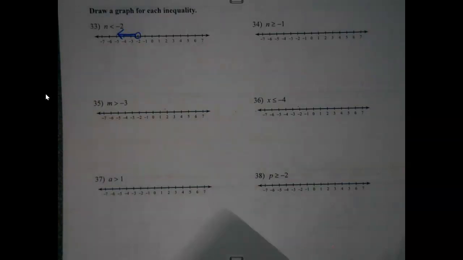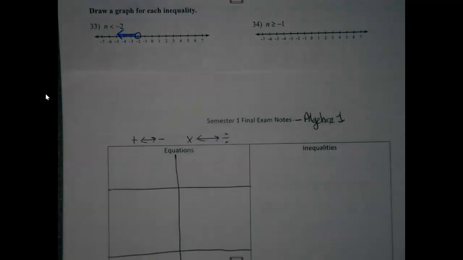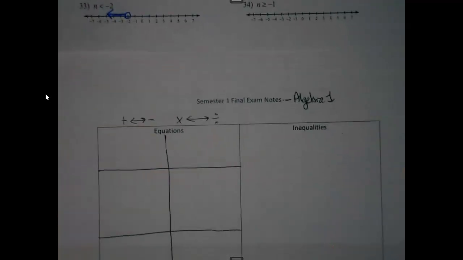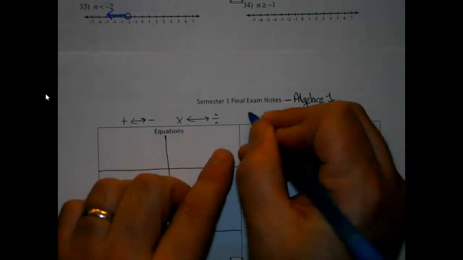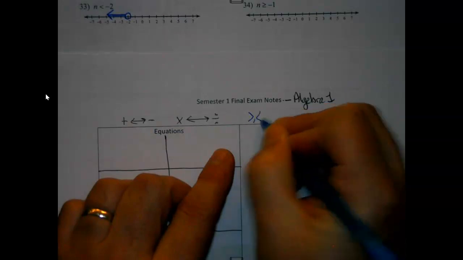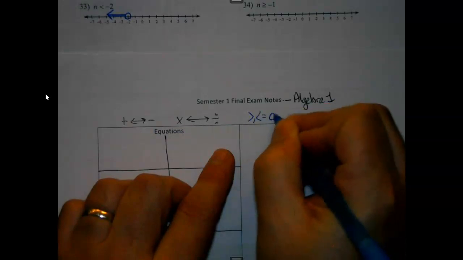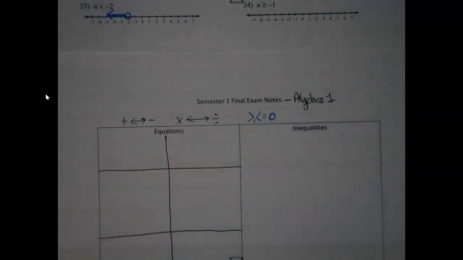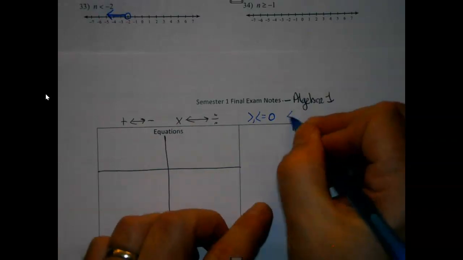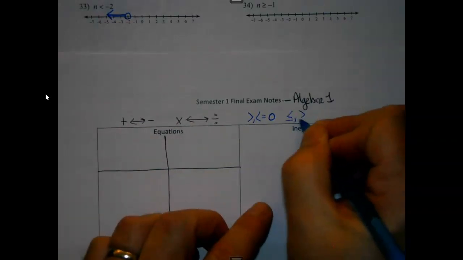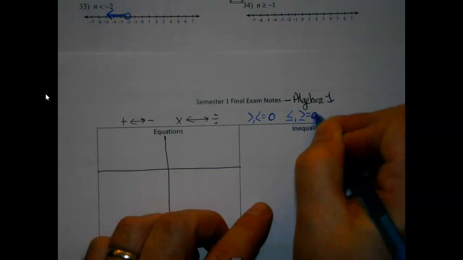So if I was making a note sheet right now, and like I said, I'm going to have more next week if you're going to change something up. If I'm going to inequalities, I'm writing a couple of things. I'm going to remind myself the difference between open circle and closed circle.